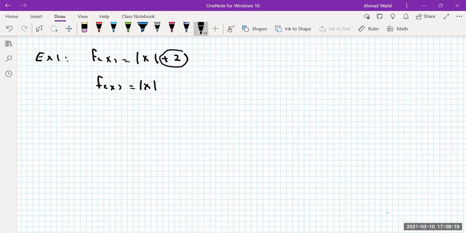Start with drawing a table. Here is x. Here you can name f of x or y. It doesn't matter what you name it. At least for this graph, you need 5 points: 0, 1, 2, -1, -2.